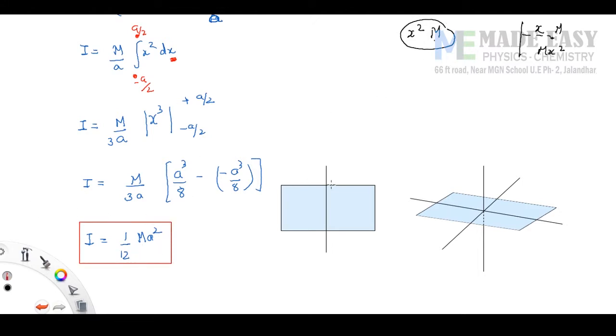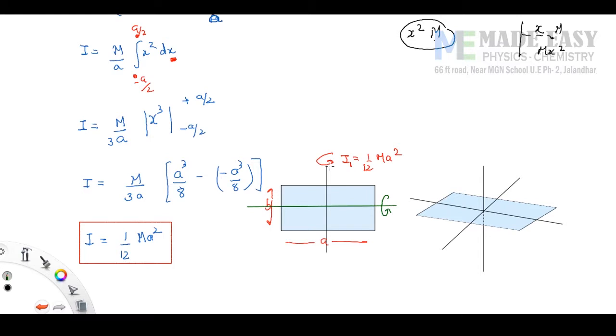That means if you have a strip like this of length a and breadth b, the moment of inertia about this axis, let me say I1, is 1 by 12 ma square, right? Similarly, if somebody says find the moment of inertia about this axis, it is very, very simple.